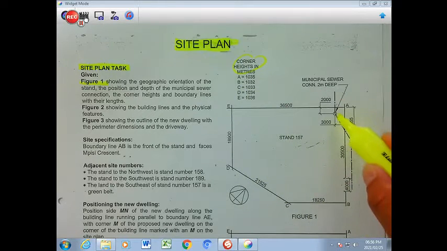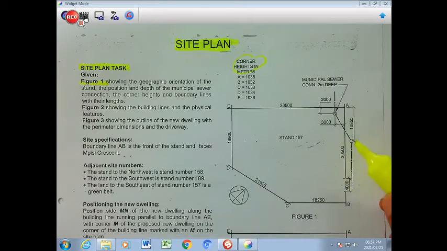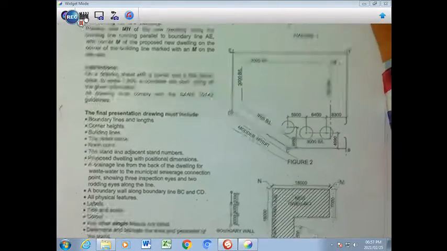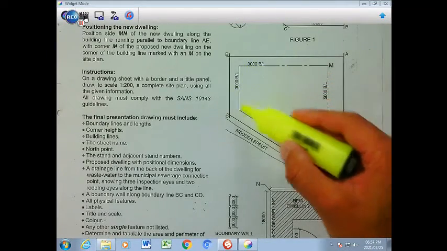And then they give you the sewer line as it runs here from the municipal area into the client's boundary. All the dimensions are given in millimeters. This is stan 157.